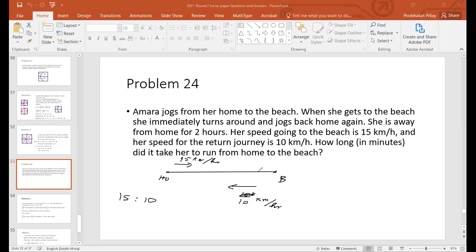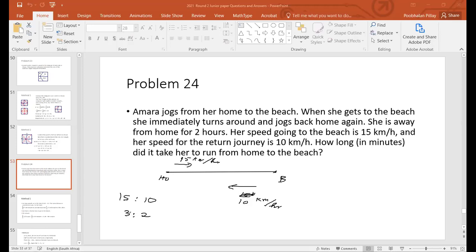She's running the same distance, right? Both ways. The ratio of a speed is 3:2. Right? So the times also should be somewhat in the same ratio. I'll explain to you why.